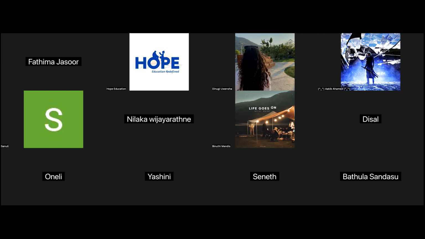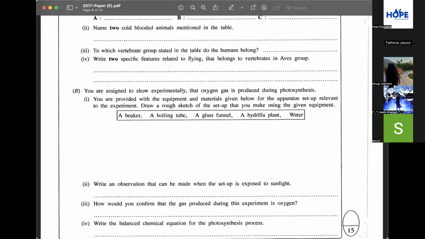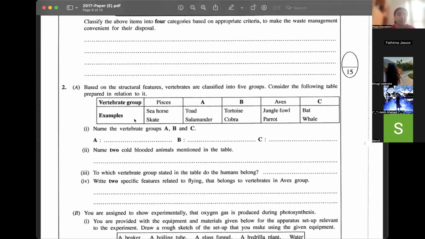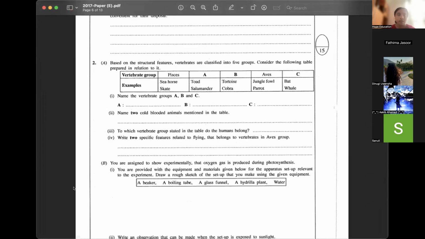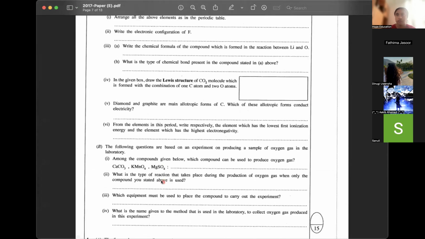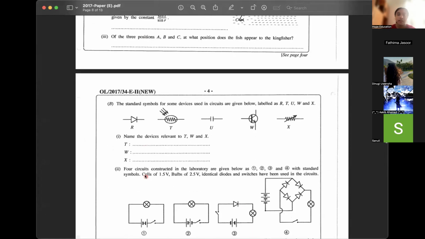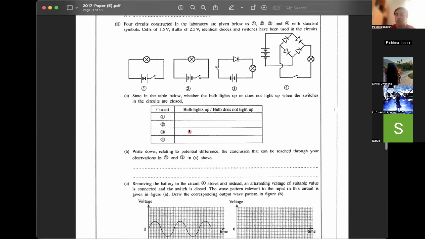Let me screenshot. This is the 2017 paper. So if there is any mistake in what I say, point it out. Here in the 2017 paper, the first one we didn't do because it's biosphere. The second one we did. The third one we did too. The fourth one we didn't do because of this that came up. We didn't do the 2017 fourth one, right?